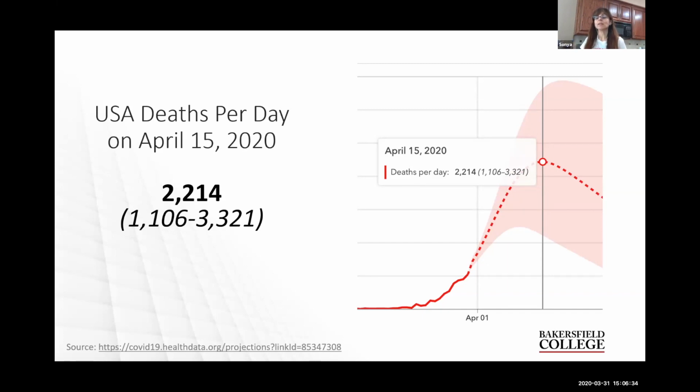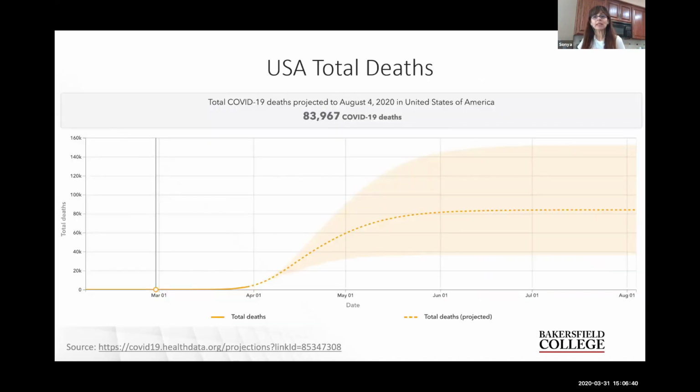So that range is a very important concept that we need to focus on. And moving to the next slide, you see the total number of deaths as per by a certain date. So you can see by August 4th, they're anticipating, projecting by this model, over 83,000 deaths, COVID-19 deaths.